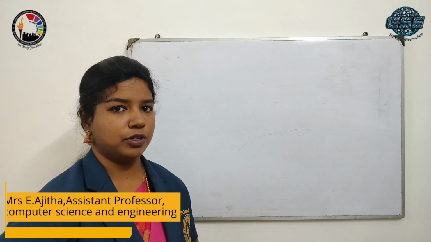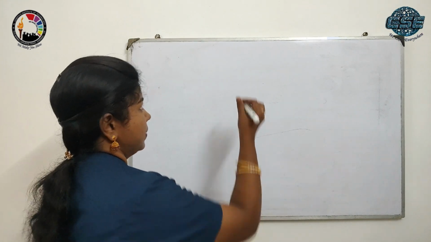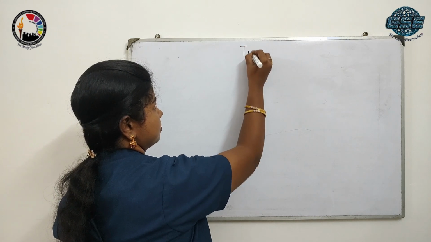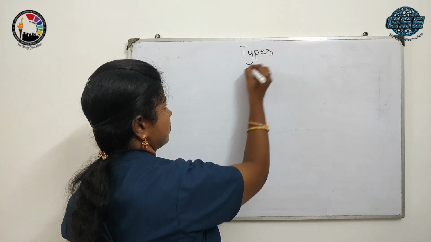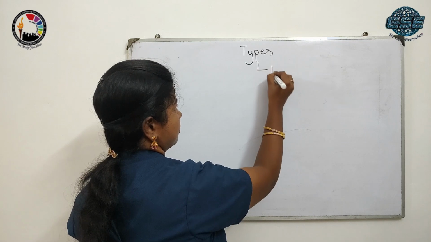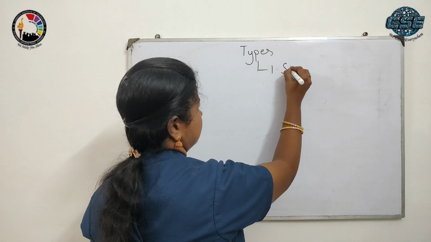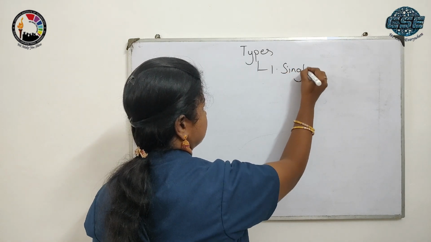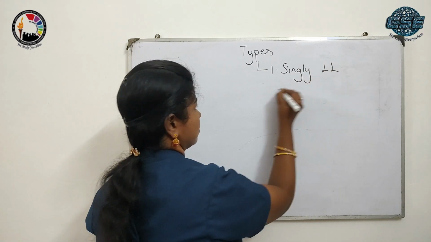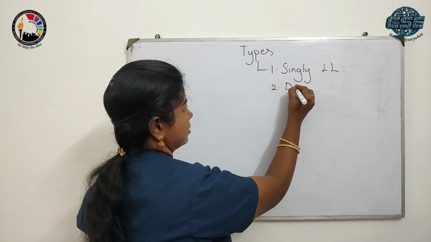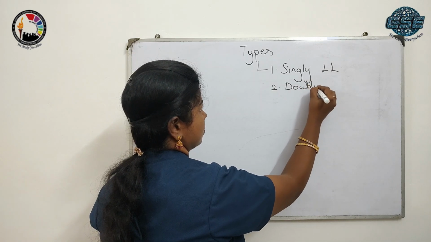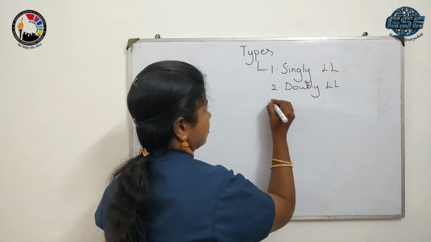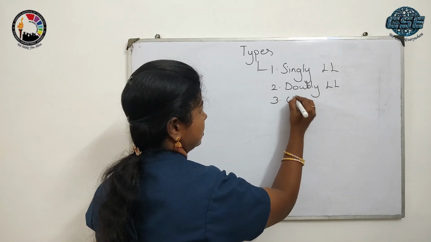Next we see the types of linked list. So there are basically three types of linked list. First one is singly linked list. Second one, doubly linked list. And third one is circular linked list.